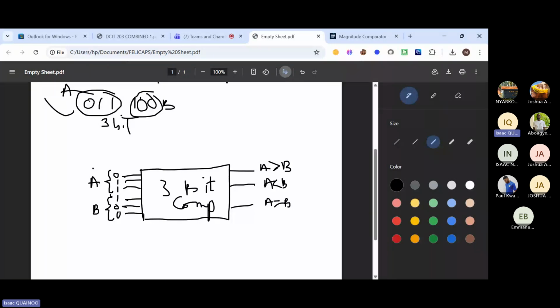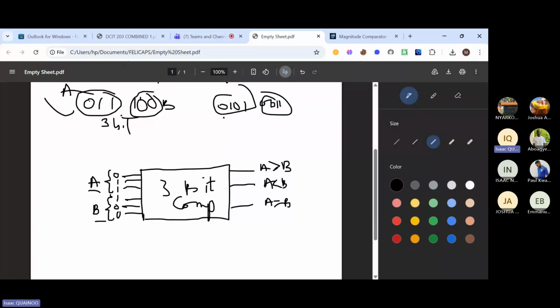Okay, so basically we can establish a general analogy that comparators will take two inputs, in a form A and B, because regardless of how many individual inputs we have, we will classify them into A and B before we perform the comparison. So assuming we have, let's say, 0, 1, 0, 1, and then 0, 0, 1, 1, we still do our classification into A and then B before we do the comparison.